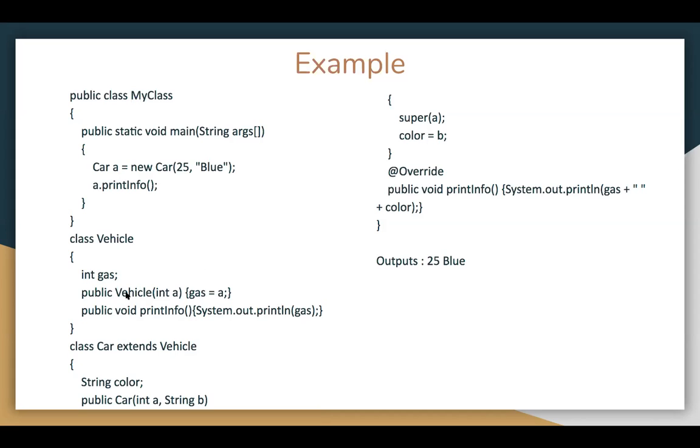Also, what I meant by superclasses being a generic class is really like, if you think about it here, the Vehicle and the Car is a good analogy of this. So the vehicle is generic, right? Because you can have any type of vehicle. You can have a bicycle, a truck, a car, a boat.